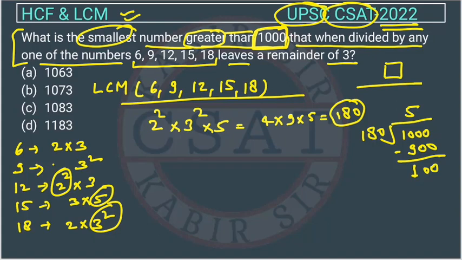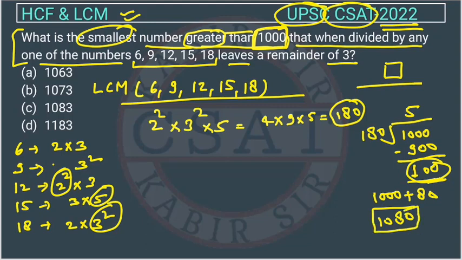So the number would be 1000 plus 80; there is a deficiency of 80. That's why we are not able to divide it further, right? So the number would be 1080. So 1080 is a number near 1000 which is exactly divisible by these numbers.